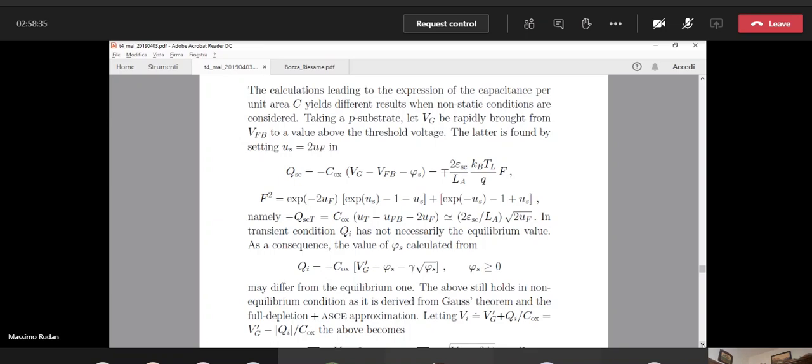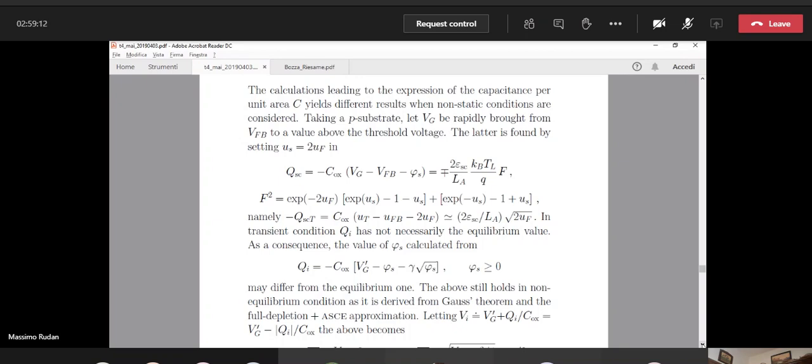That is, potential is constant everywhere in the structure, and we have zero charge on the gate. And then assume that the gate voltage is suddenly brought to a very large value that would correspond in static situation to the strong inversion regime. So what happens in the semiconductor?